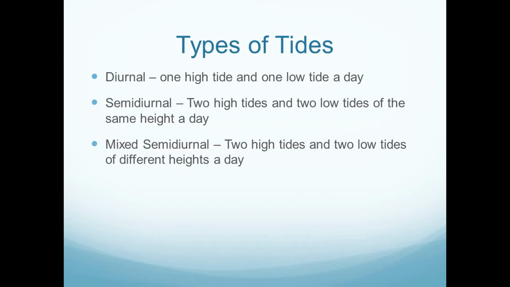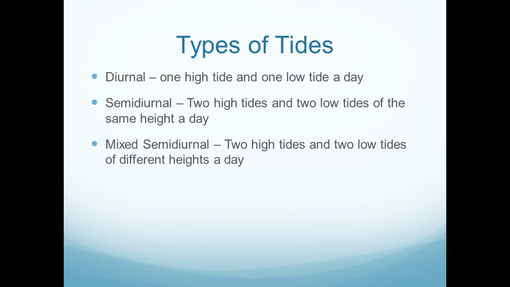So we have 3 different types of tides. We have a diurnal, which has only 1 high tide and 1 low tide per day. So within a 24-hour period, you only see 1 high tide and 1 low tide. Your semi-diurnal has 2 high tides and 2 low tides that are the same height. So in a 24-hour period, you'll see 2 high tides and 2 low tides, but they will be the same height.